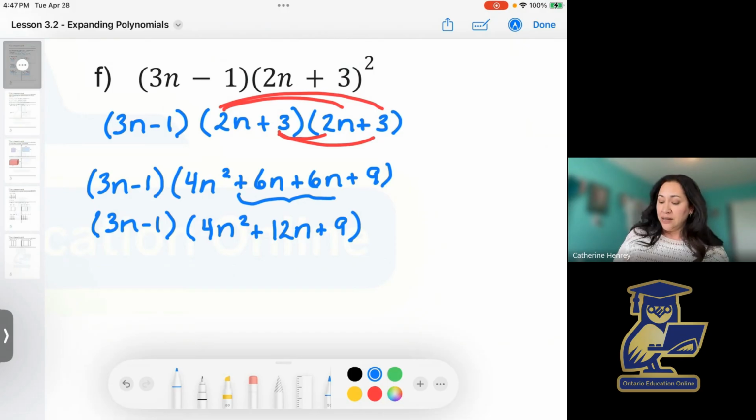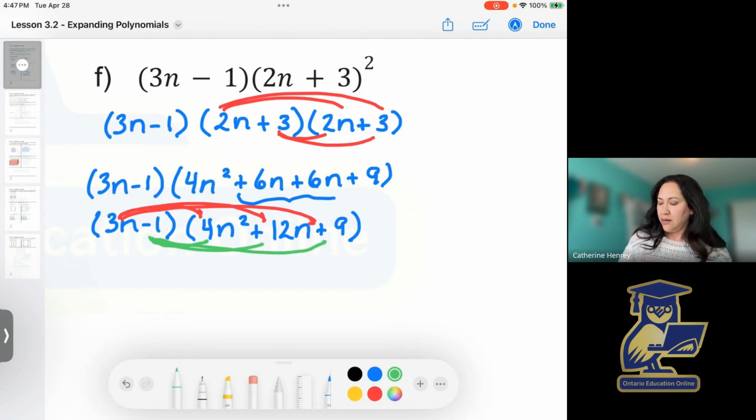So what's that going to look like? First, we're going to take the 3n. We're going to multiply it by every term in the second bracket. After that, we'll take the next term, which is negative 1, and we'll multiply that by every term in the second bracket.